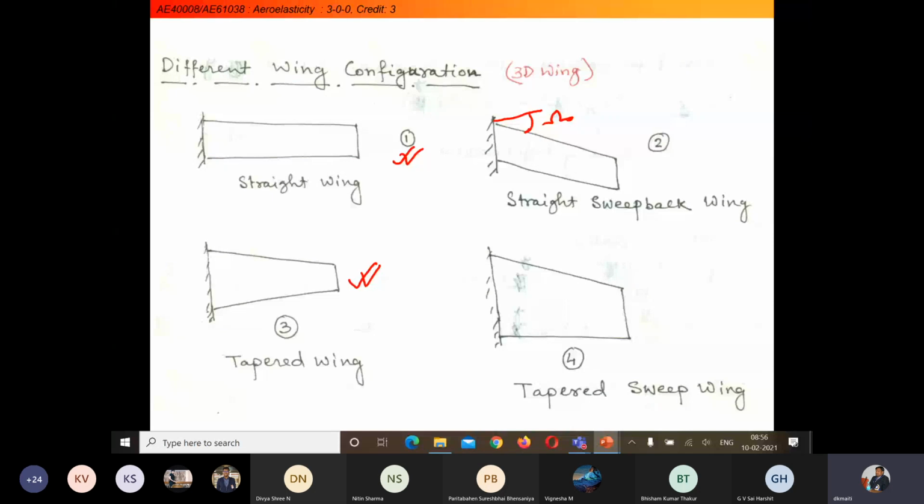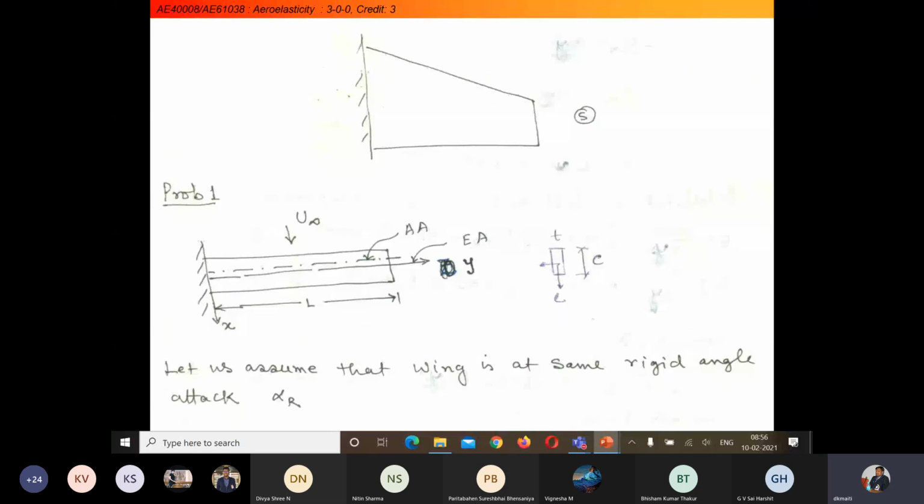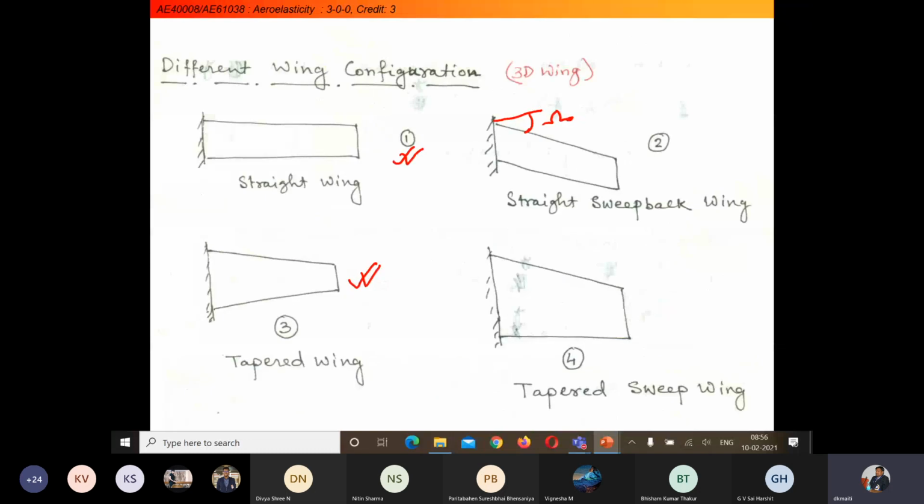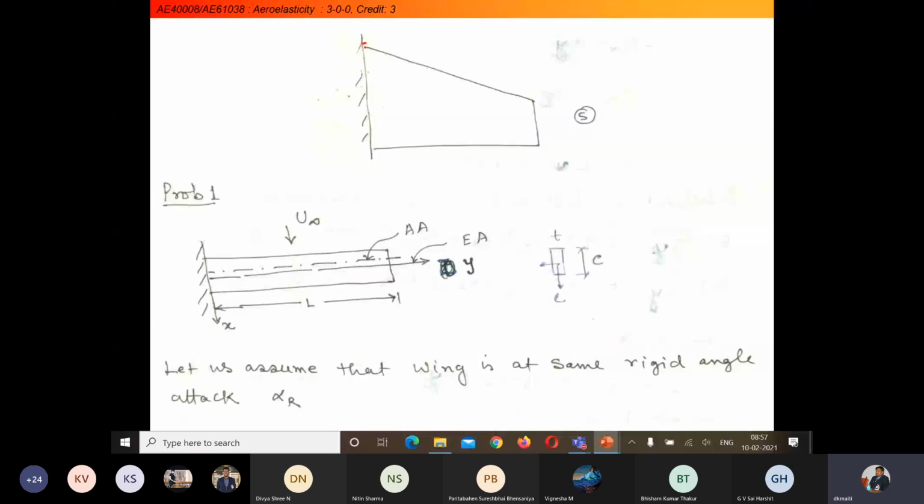And we can have something like this, a tapered wing, where in this we have taken only one swept back angle, but in some cases we can have two swept back angles, means we can have two different configurations of the front part of the aerofoil section.